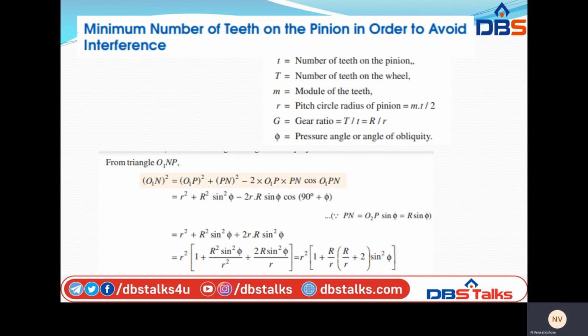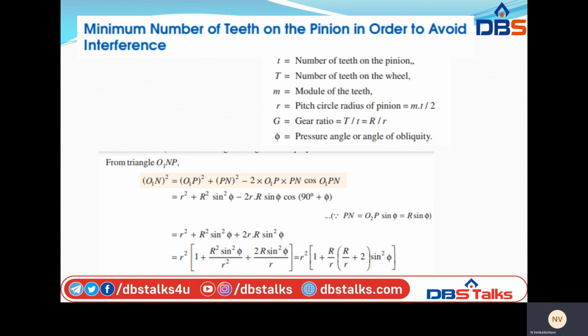So let us consider small t as the number of teeth on the pinion and capital T as the number of teeth on the wheel, and m is the module of the teeth and r is the pitch circle radius of the pinion.